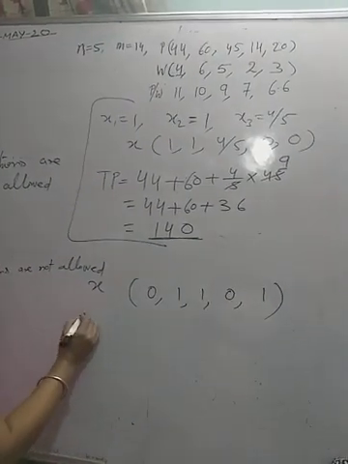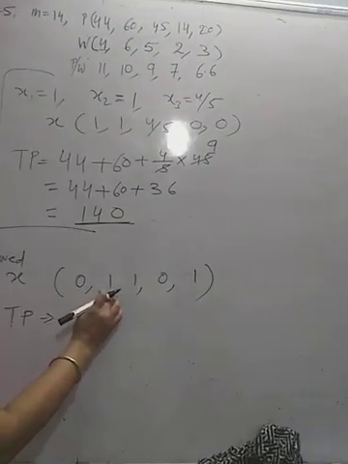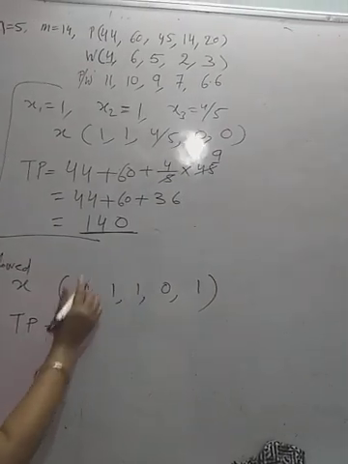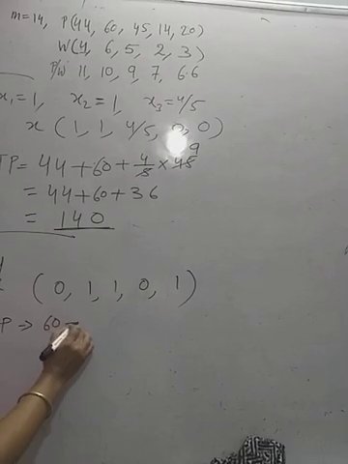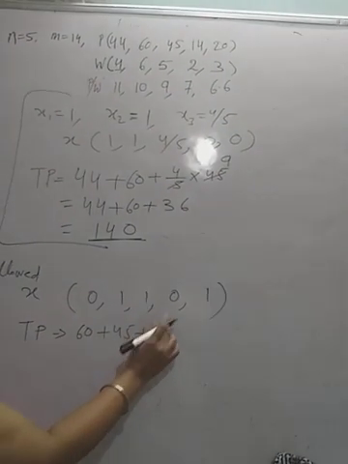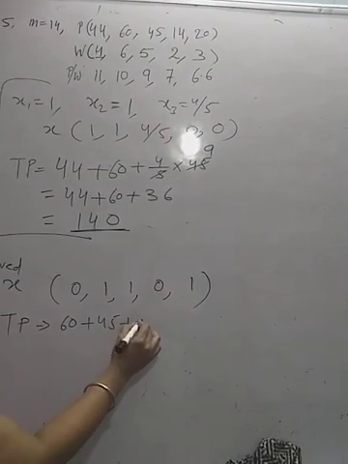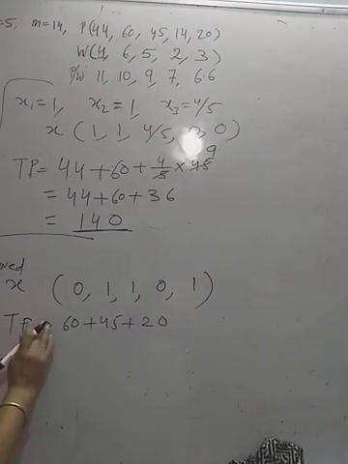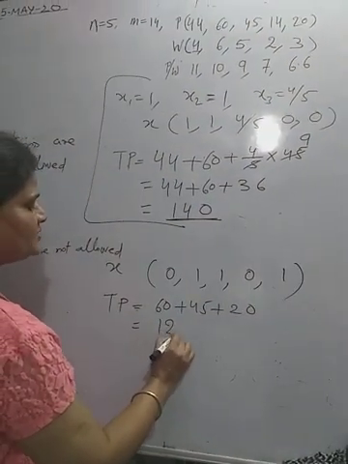The total profit in this case: the second object is 60, the third is 45, the fourth is excluded, and the fifth object is included fully, that is 20. So the total profit here is 125.